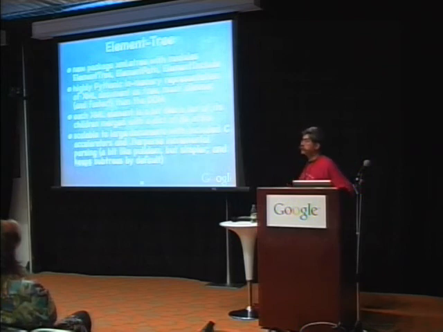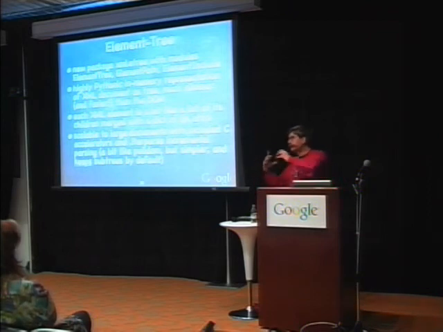And the DOM takes just all of your memory if you ever deal with big documents. You basically do it incrementally, but node by node. You still get a little piece of in-memory representation of the DOM or element tree.